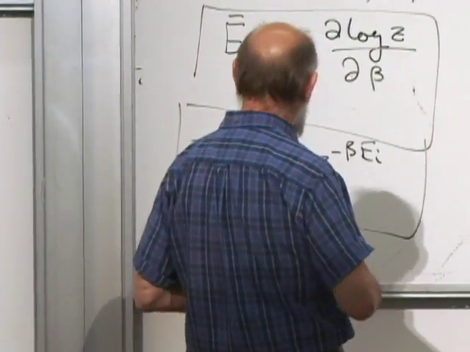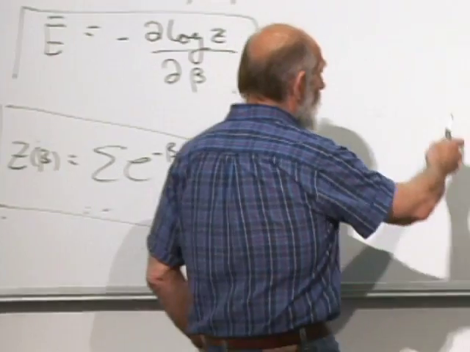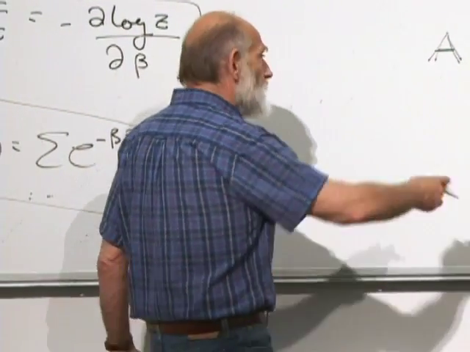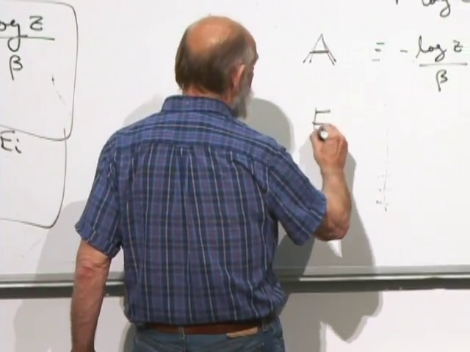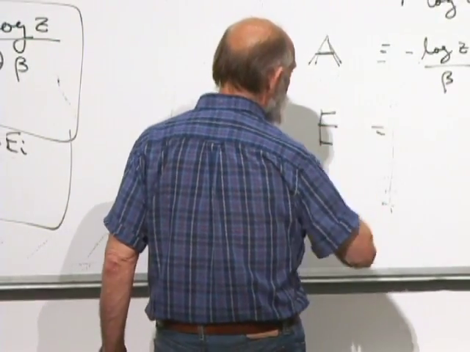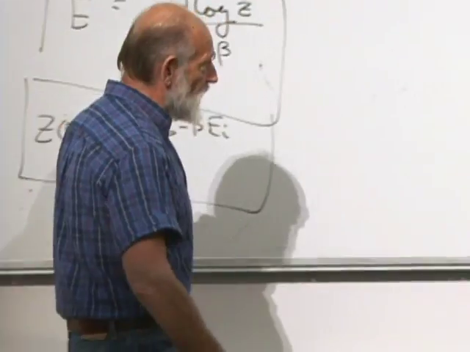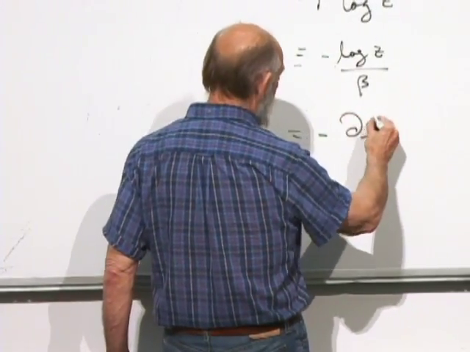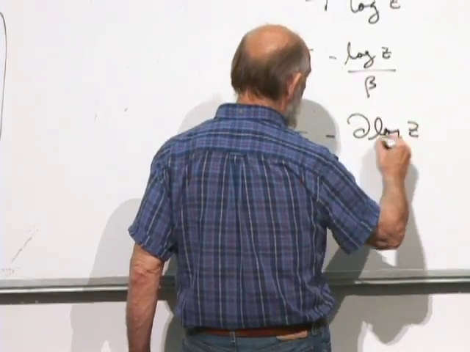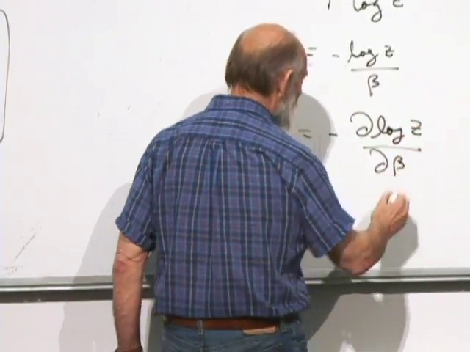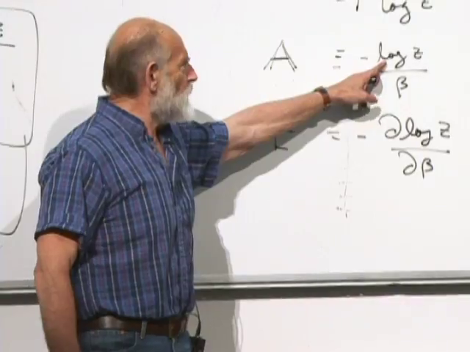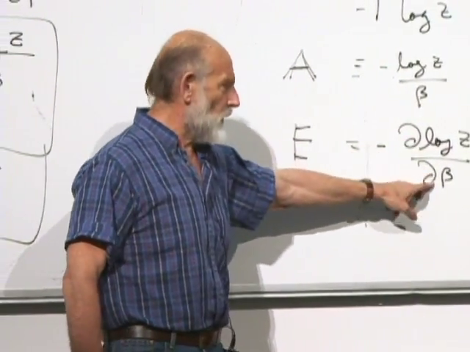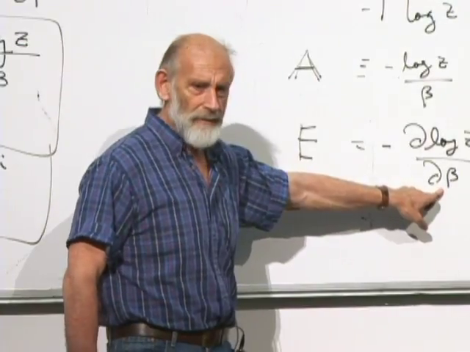Let's just see what we have. Helmholtz free energy is equal to minus the logarithm of Z divided by beta. And let me just write down next to it the energy itself, that was not by definition, but by calculation, equal to minus the derivative of the logarithm of Z with respect to beta. They're kind of similar. One is the logarithm of Z divided by beta, and the other is the derivative of the logarithm of Z with respect to beta.